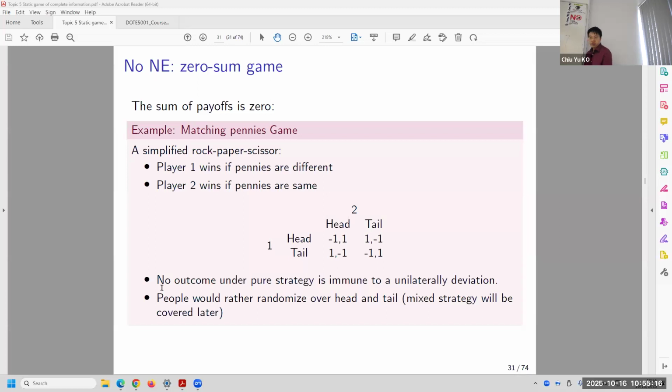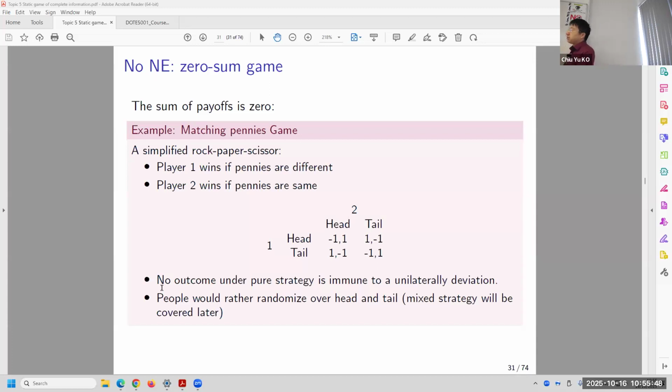Okay, this is matching pennies problem, which is what we call the game theory version of rock paper scissors. I think it's 黑白配 or 掌心掌背, something like that. So what it is: two players take a coin from their pocket. The coin has two sides, head or tail.